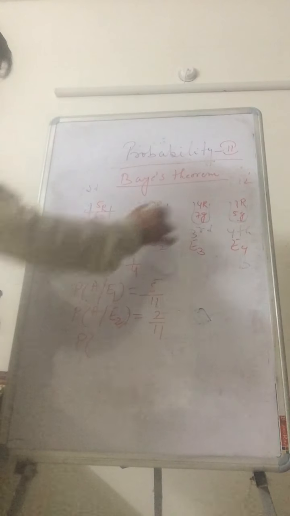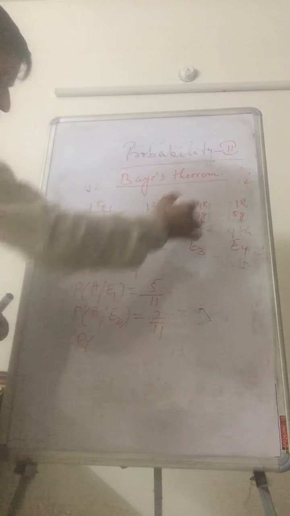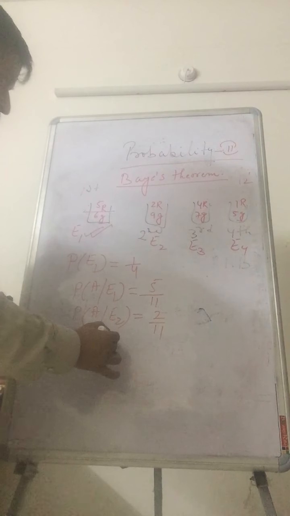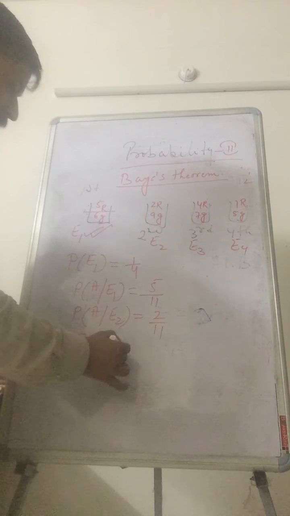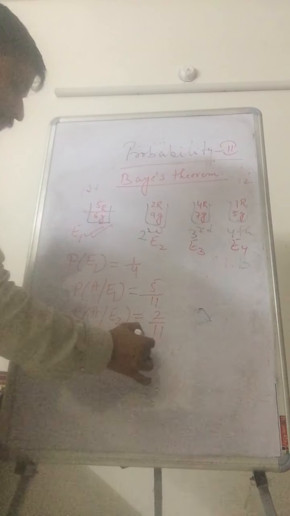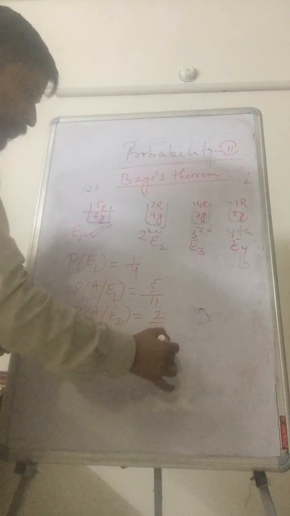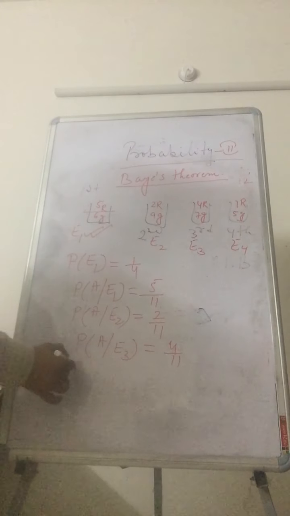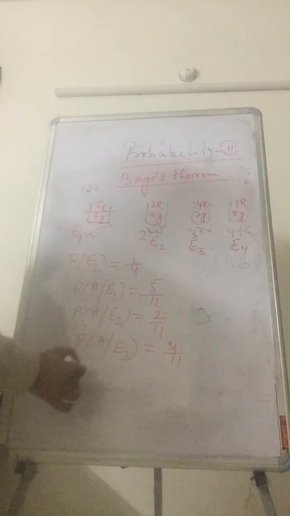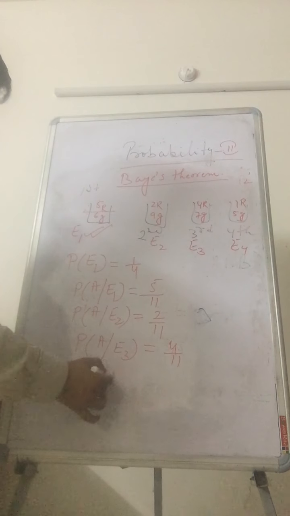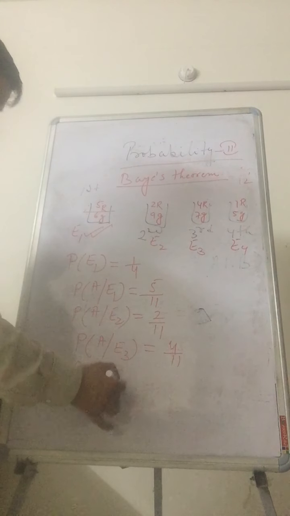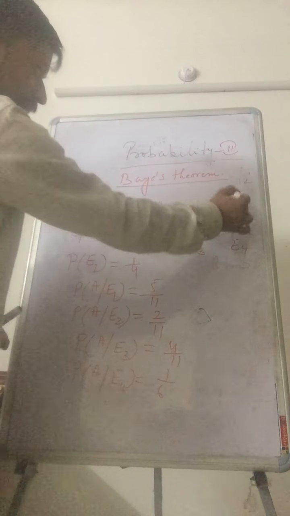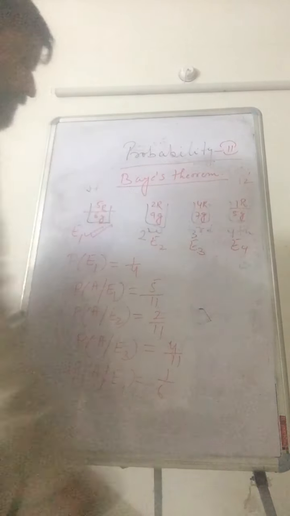In the same way we can find it for the third one, the probability of getting a red ball from container number 3 or E3: 4 by 11. And from the last container, the probability of getting a red ball is 1 by 6. The total number of balls is 6 here and only 1 red ball is there.